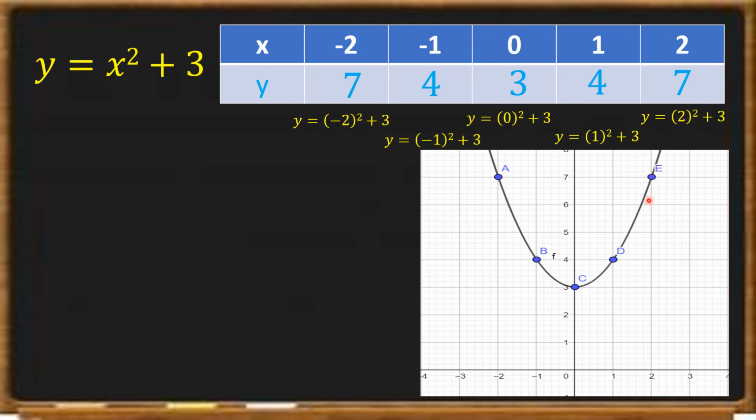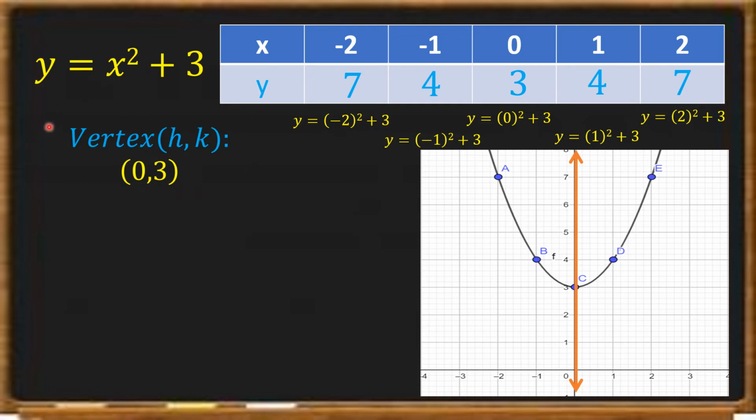So, again, this also opens upward. What is the vertex? Our vertex is here. What's the coordinate of our vertex? It is 0, 3. This is your vertex. So, ang vertex natin na h, k ay 0, 3. Ano naman ang equation ng axis of symmetry? Titingin ka lang sa h nyo dito sa vertex.